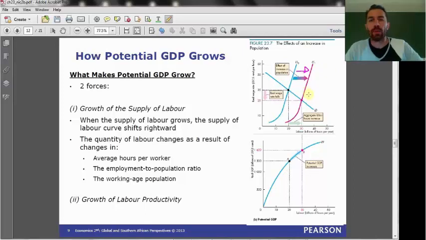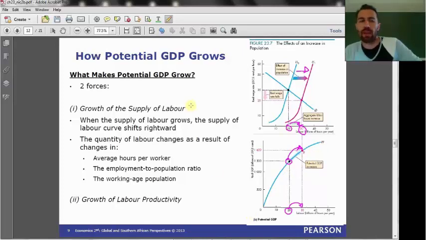Our equilibrium quantity of labor employed increases from 20 to 30, which means we have a movement along our production function. Our labor input increases from 20 to 30. We have a movement from point A to point B if we have growth in the supply of labor.